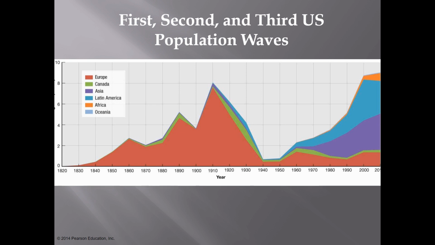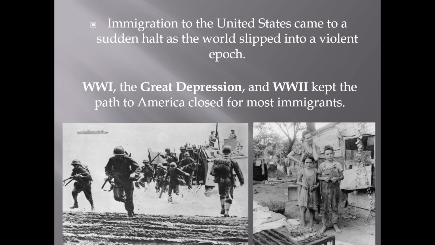Now, look what happens here. Beginning in the 1920s, do you see this drop-off that continues all the way until the 1950s and 60s? Well, what happens there is immigration to the U.S. comes to a sudden halt. There are some reasons for that. One, World War I takes place, and the U.S. is dragged into it. We find during times of war, people are less willing to voluntarily migrate.